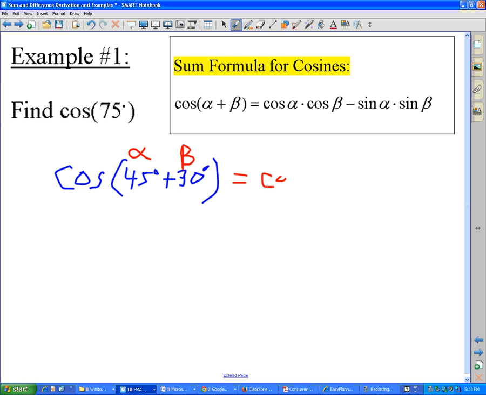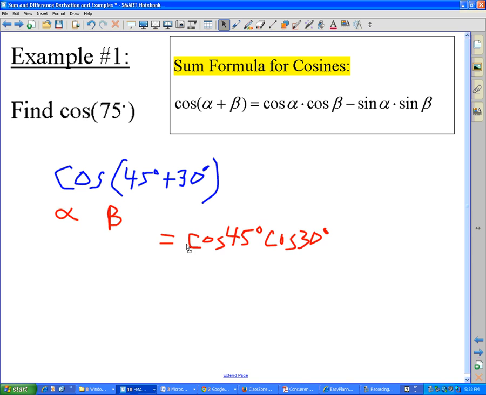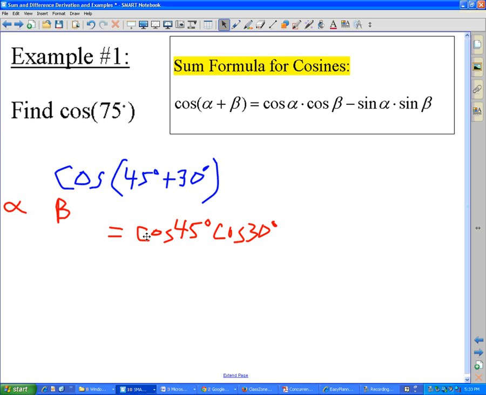Cosine alpha, cosine beta. I can already tell this is not going to fit, so you know what? I'm going to slide it down over here. And we're going to subtract the sine of alpha, which we're calling 45 degrees, and the sine of beta, which we're calling 30 degrees. Okay?